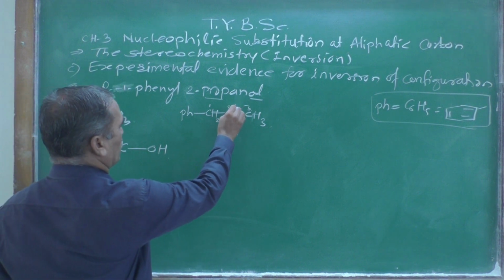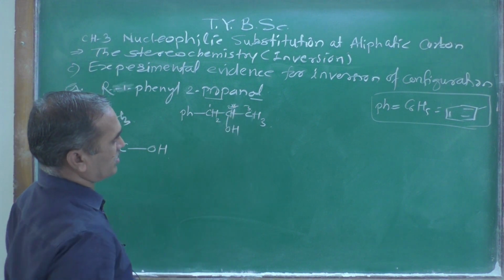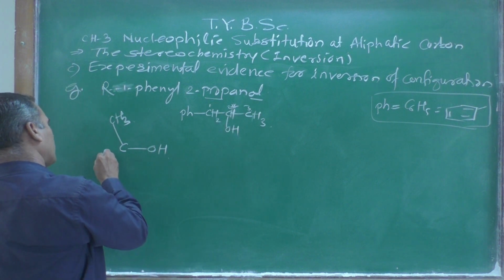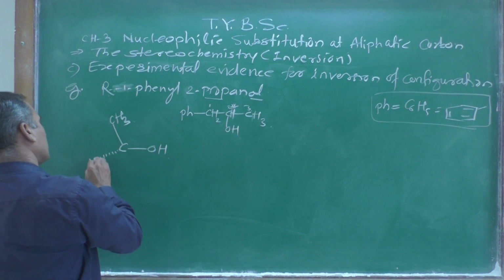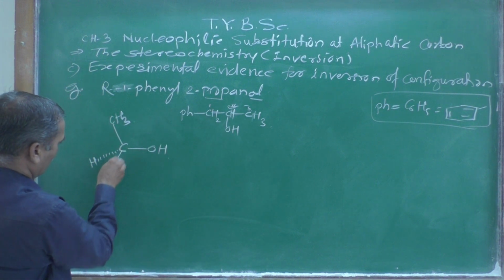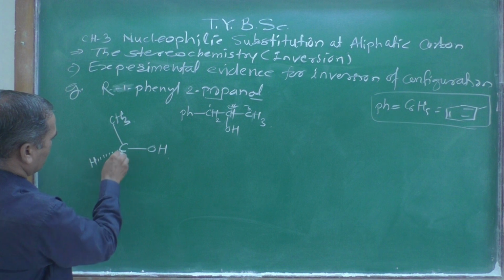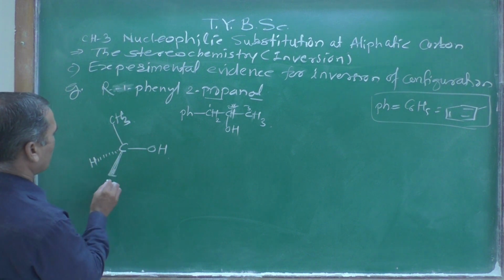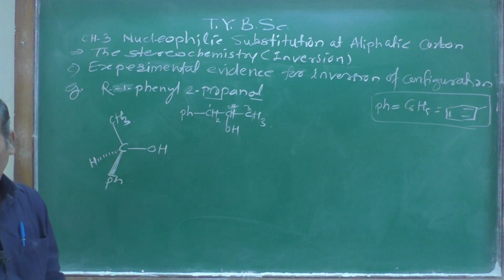Now there is only one chiral center in this molecule, and one of the hydrogen atoms I am showing like this over here, and this is the phenyl group, so you can write Ph here, right? This is a phenyl group.